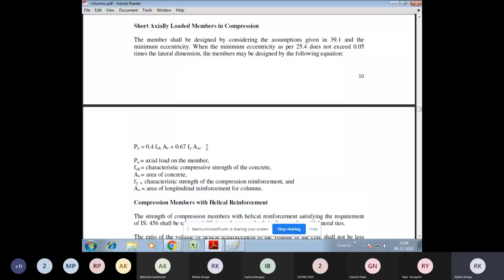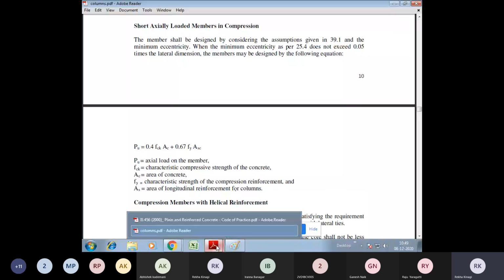That is, Pu is axial load on the member, fck is characteristic compressive strength of the concrete, Ac is area of the concrete, fy is characteristic strength of the compression reinforcement, and Asc refers to area of longitudinal reinforcement for the columns. So this is how we need to consider the design criteria.